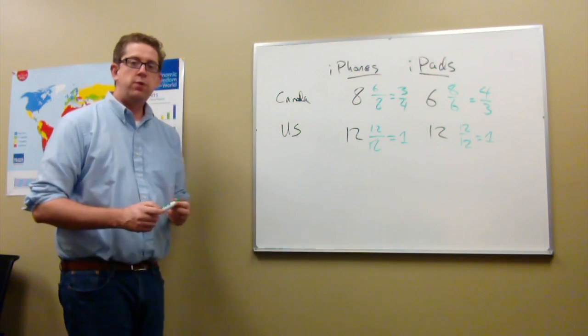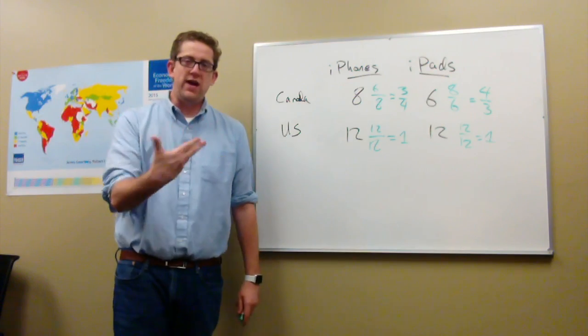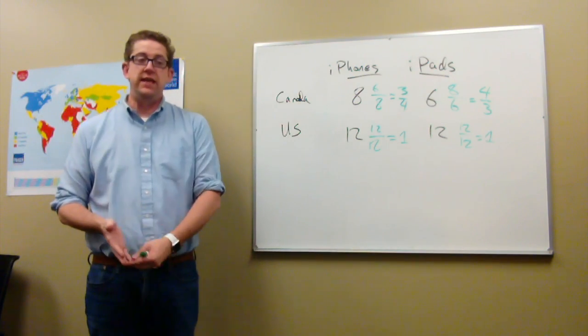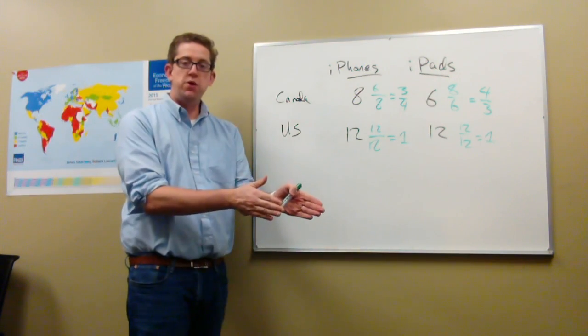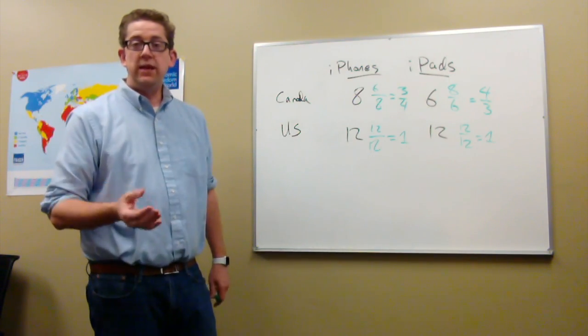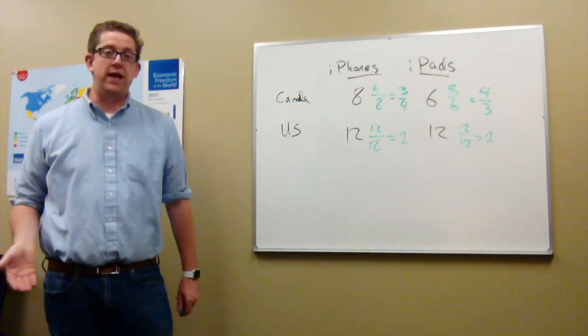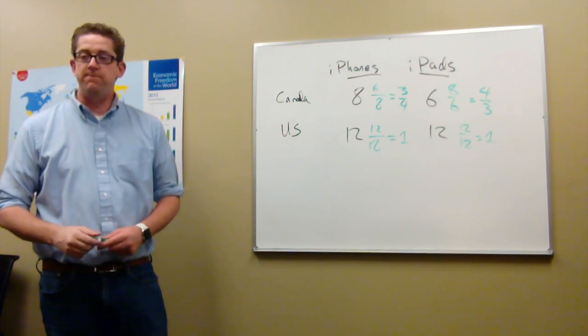So what's important to remember when you're doing a problem like this is to ask, what kind of information do I have? Am I dealing with the amount of input to produce a given amount of output? Or am I dealing with a given input and then being told how much output I can produce using that?